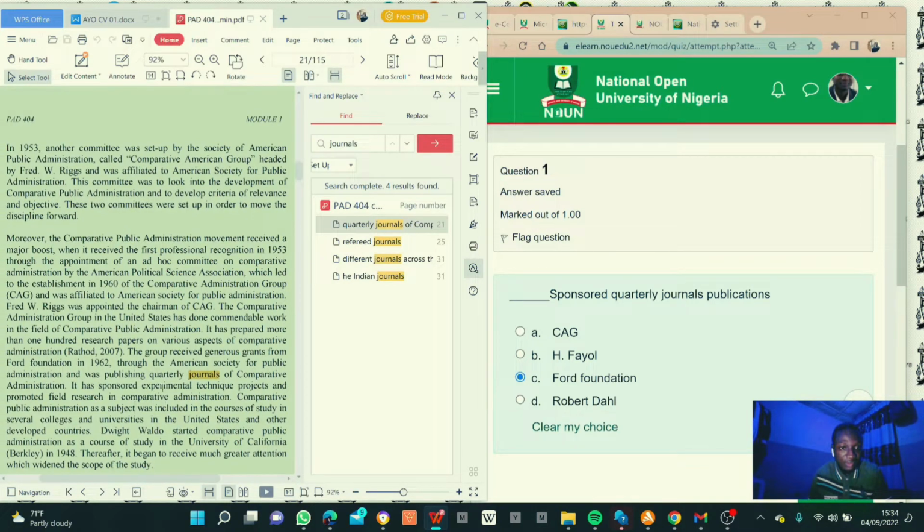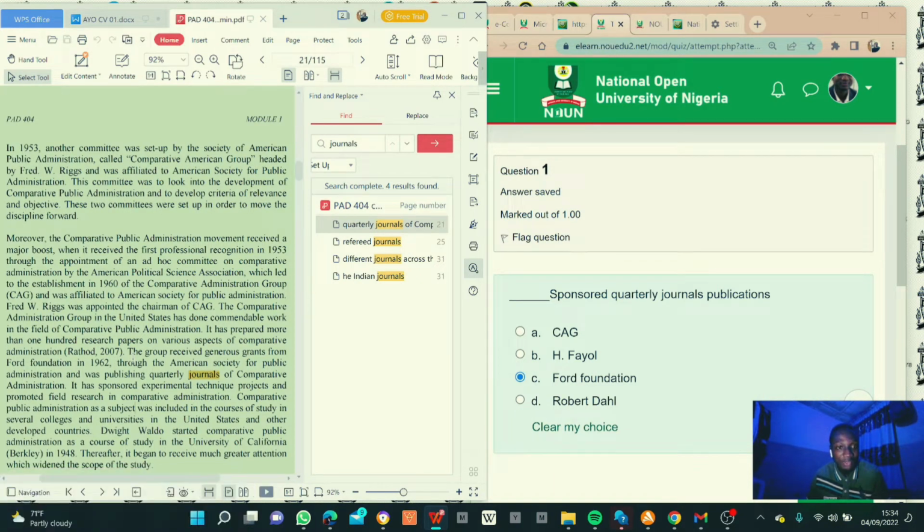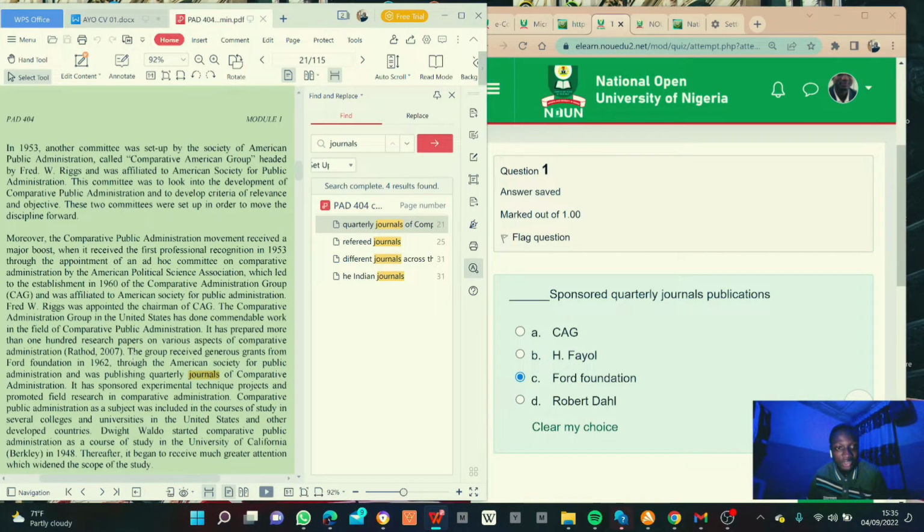As you can see here, papers on various aspects of it. Now the group received generous grants from Ford Foundation in 1962. Now there was a grant from a foundation called Ford Foundation, and the question says dash sponsored quarterly journals and publication. The group responsible for the publication is CAG.